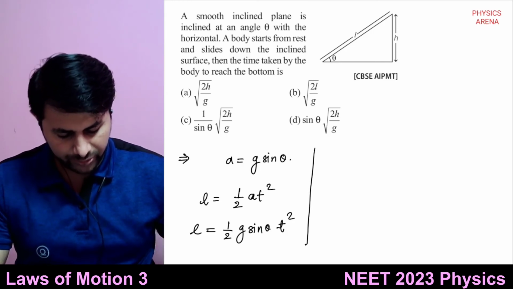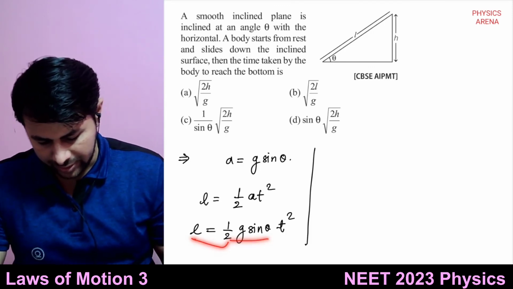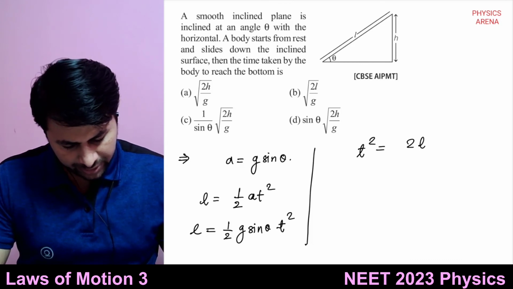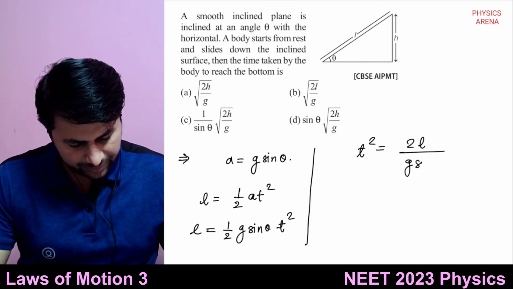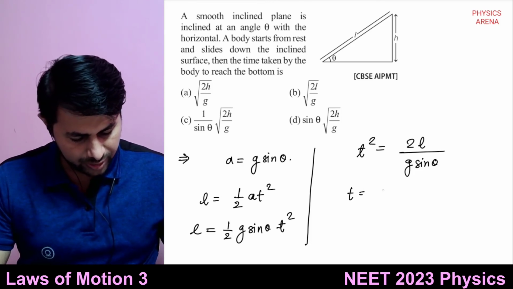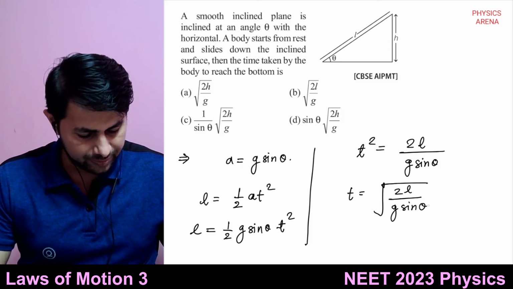So from here we'll get t. Let's take 2 and g sine theta on the other side. So t square is equal to 2 times L divided by g sine theta, and therefore t will be equal to square root of 2L divided by g sine theta.